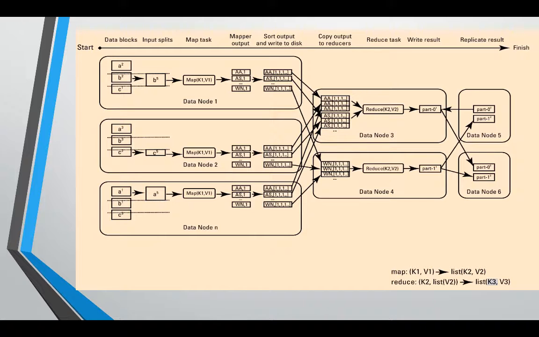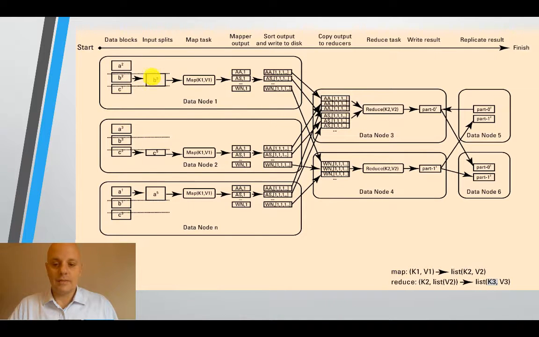Hadoop follows the same approach for elaborating this data, and it transforms data blocks into input splits. These input splits that you see here are blocks of 64 megabytes that Hadoop MapReduce can elaborate in sequential mode, because the map function that you see here elaborates these input splits in parallel and in sequential mode.